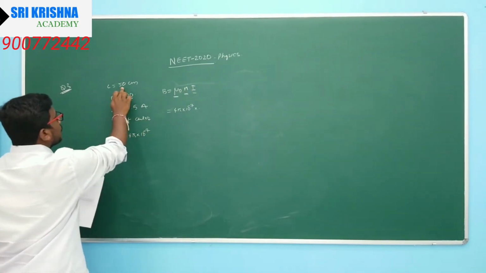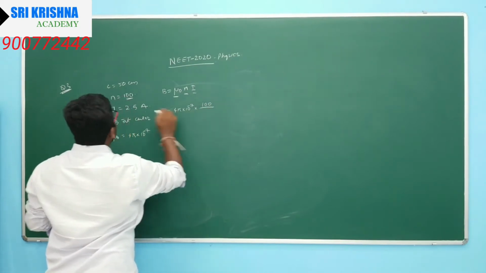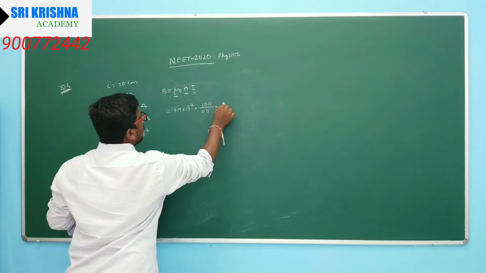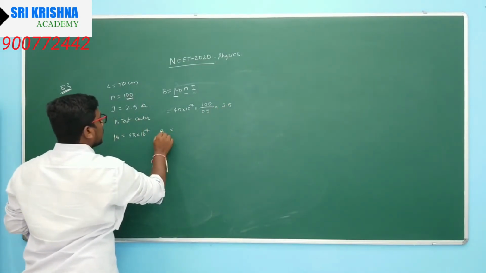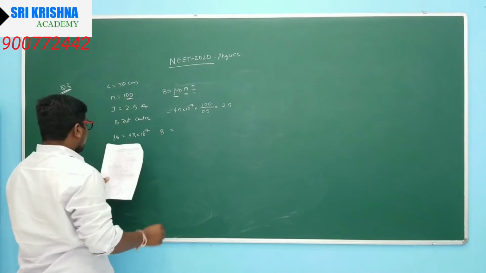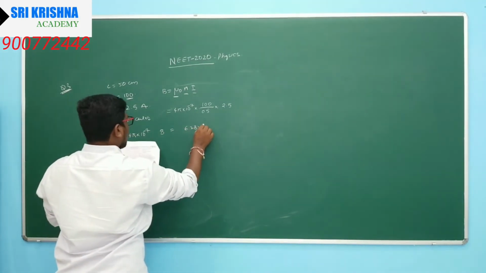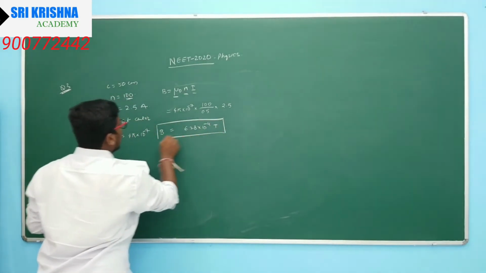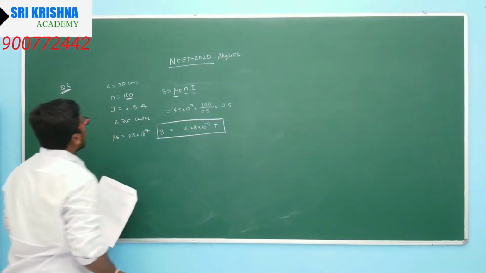It is given 50 centimeters, so you should divide by the length: 100 by 0.5 meters, into current I of 2.5 amperes. When calculating, it comes to 6.28 into 10 to the power of minus 4 Tesla. This is your magnetic field at the center.